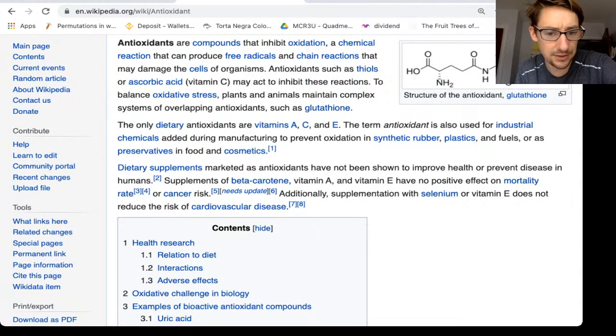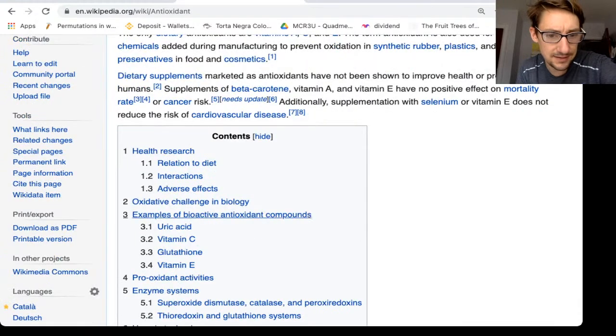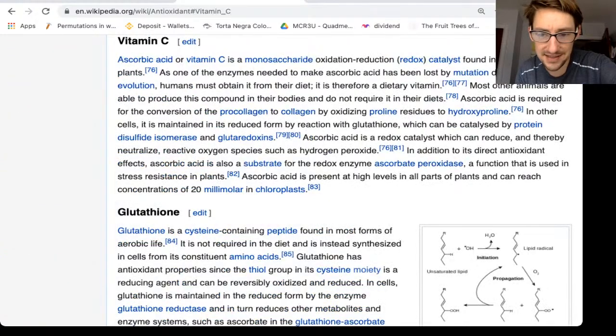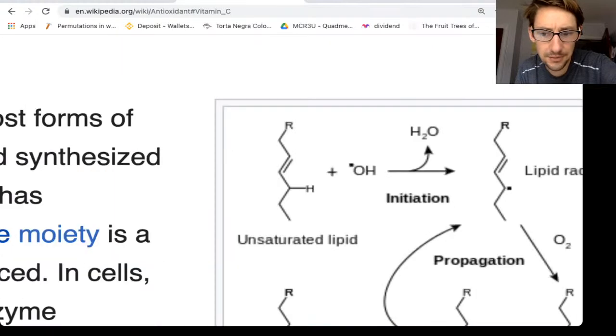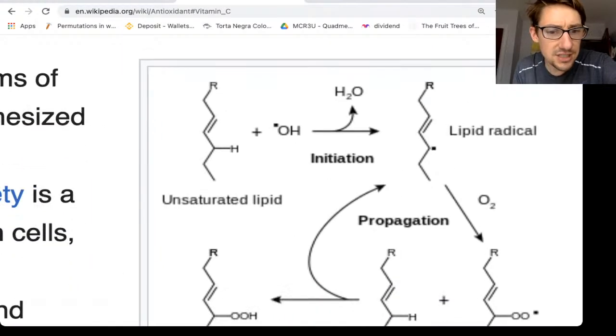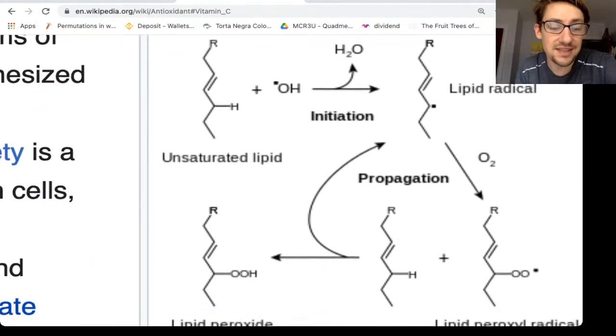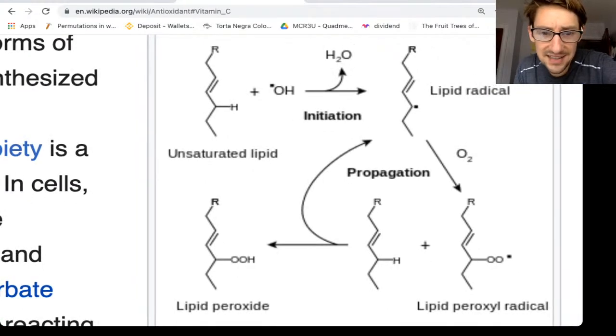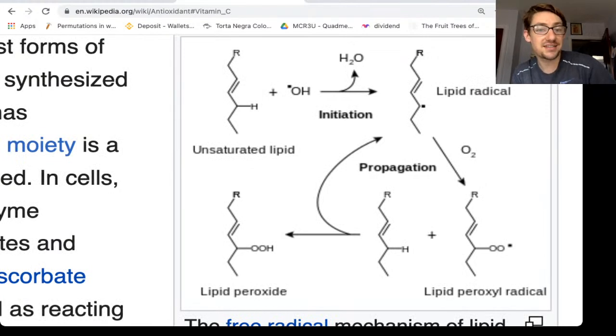Antioxidant industrial chemicals. Oh, ascorbic acid. Here we go. So here we've got something. This is going to be your antioxidant. It can react with this OH and I suppose produce H2O.